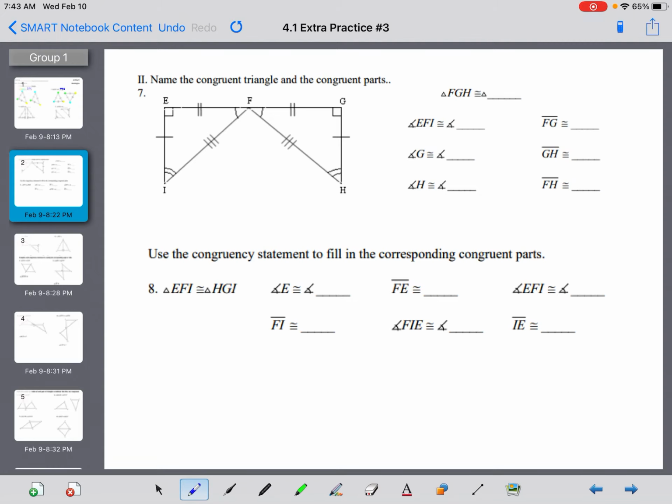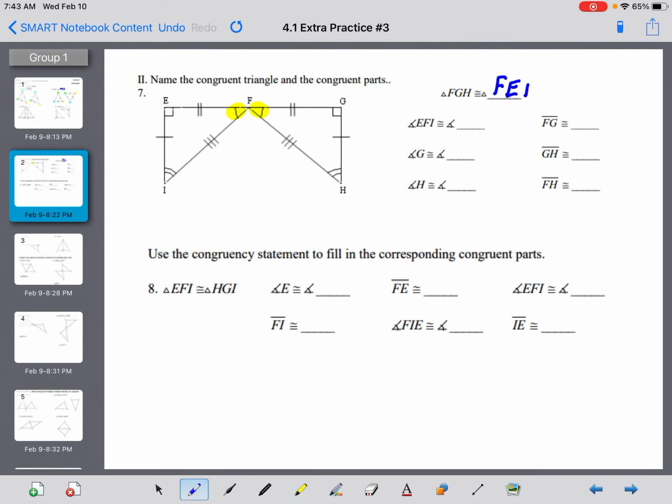Skip to the next section, look at number 7. The first thing they ask you is triangle FGH is congruent to, and this goes from F to G to H, so we would start with F to E to I. Then if you take a look at your examples for the angles, they want to know what correlates with angle EFI, which is this one right here, with 1 arc.